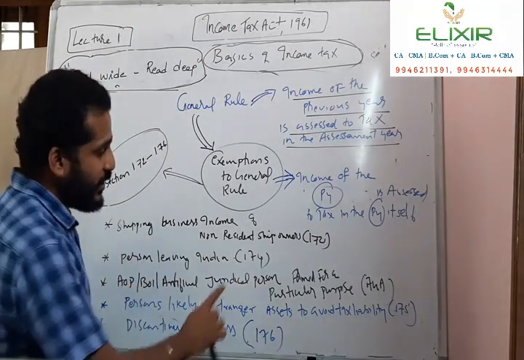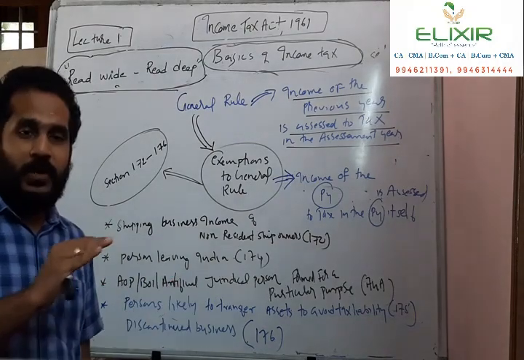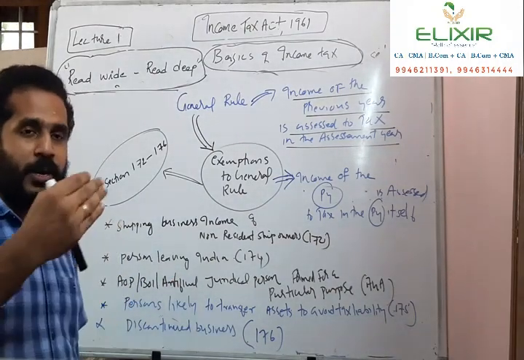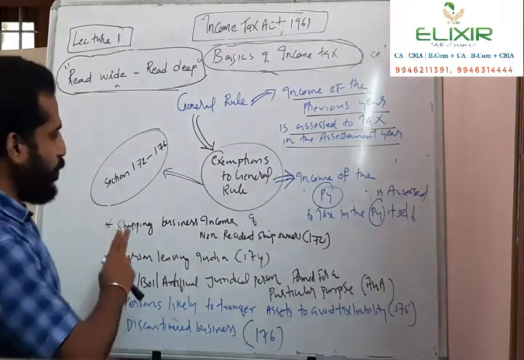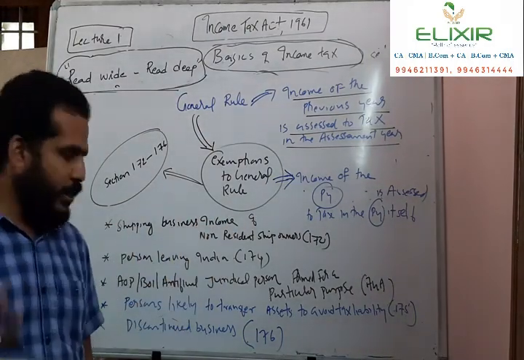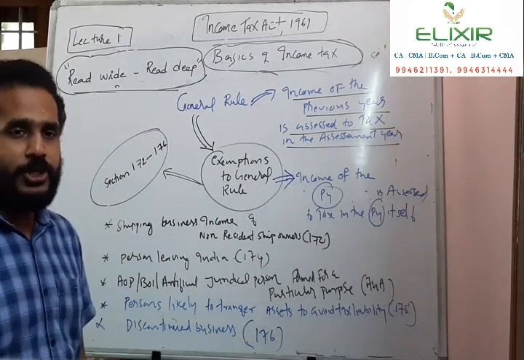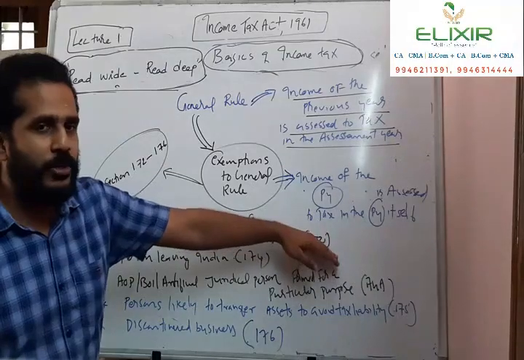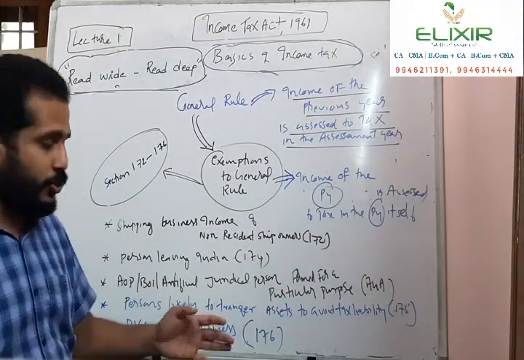That is what is discussed in section 174. A person leaving India without an intention to come back, permanent departure from India for any purpose. Okay. So these are the 2 points. Shipping business income of non-resident owners, section 172, non-resident ship owner; section 174, person leaving India without an intention to come back.